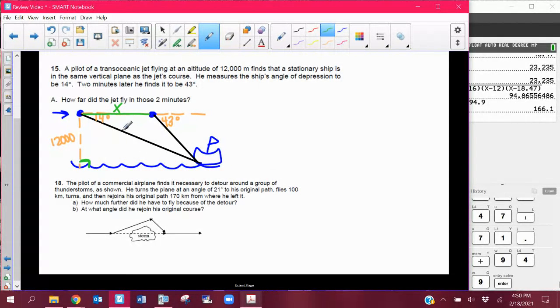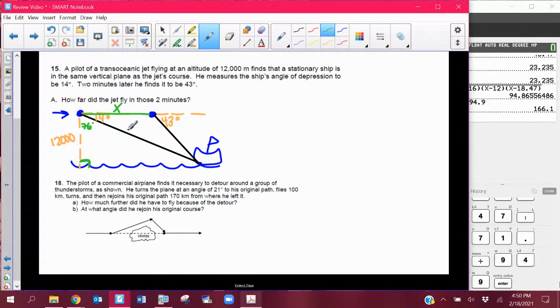The other thing I know here is that all of these angles should be 90-degree angles. So I know that right here, if I took 90 minus 14, I can get that this angle is 76. And so then I could even find this little angle down here if I needed to. But what I'm looking for is I'm trying to get up into this top triangle, but I don't have any side lengths for that one yet.